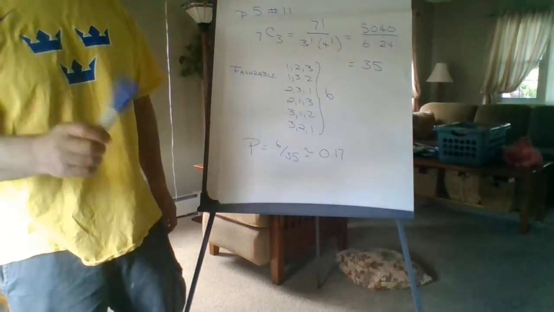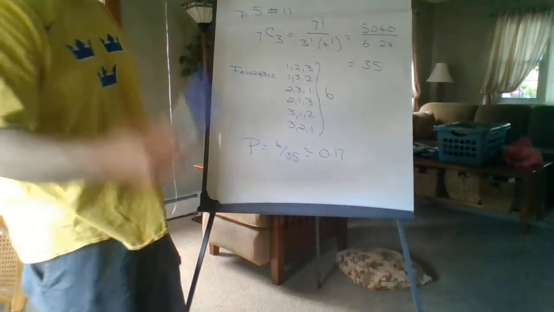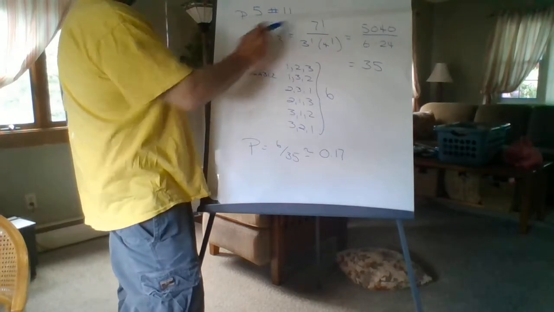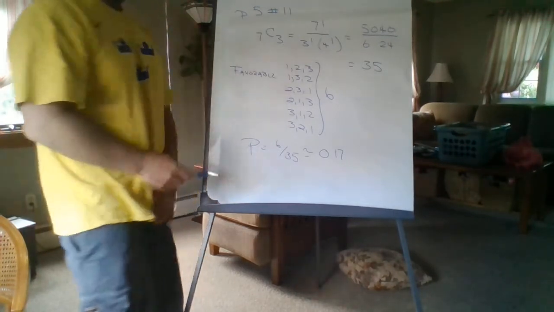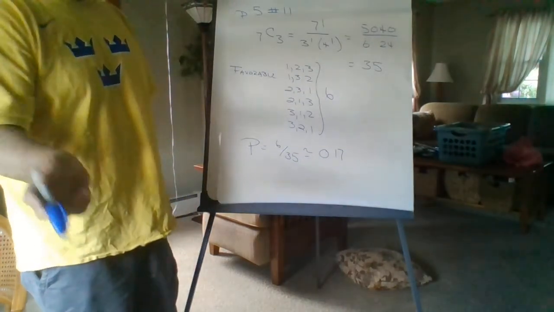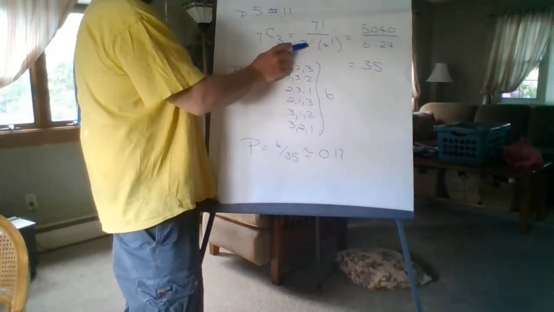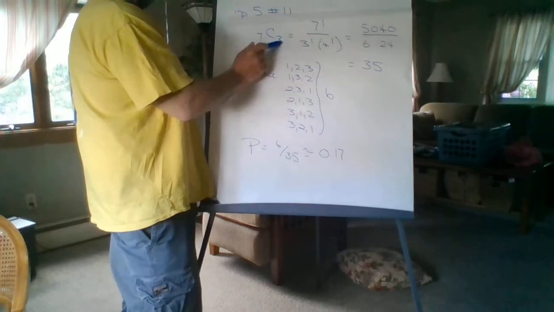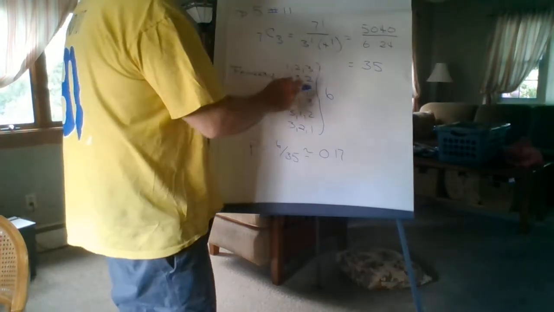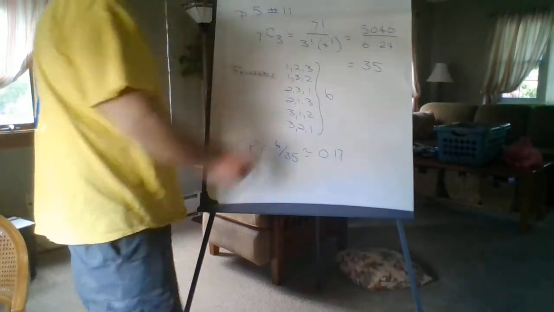If you have a question about the difference between combinations and permutations, please let me know, and we can go through it. So 7, we're choosing 3. So the 7 goes on top, 7 factorial. Remember, factorial is just n times n minus 1 times all the way down to 1. Over 3 factorial, because r is 3, and then 7 minus 3 is 4, so 4 factorial. 7 factorial is 5,040.